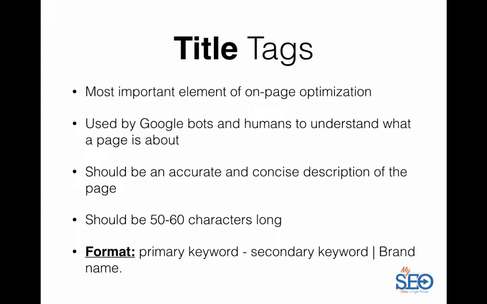So a title tag is possibly the most important element of a page on your site or your blog. A title tag should describe what that page is about. It should be a keyword phrase that summarizes what the entire page is about, and it should be keyword specific. It's used by Google bots and humans to understand what the page is about.